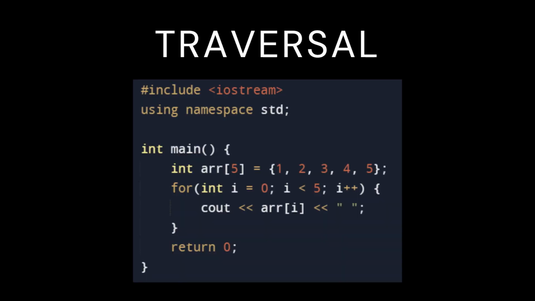Traversal is basically displaying all the array elements at once. In this code snippet, we have declared an array of size 5 and entered 5 elements into it, and then we have used a for loop to display all the elements of that array. Then comes up insertion.